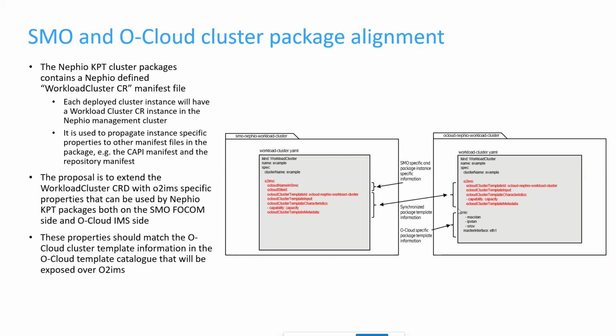This is more of the templates as I see it, and you have a package on the OCloud side that you are referring to, and here you have this template ref, whatever that is, URI or something. That is what should also be exposed, so you can carry it over and have it also in the workload cluster on the SMO side.